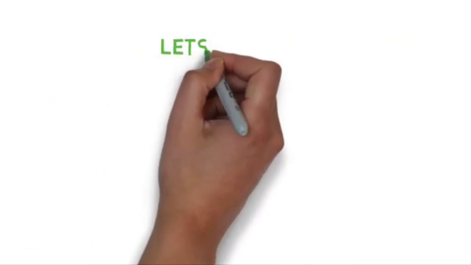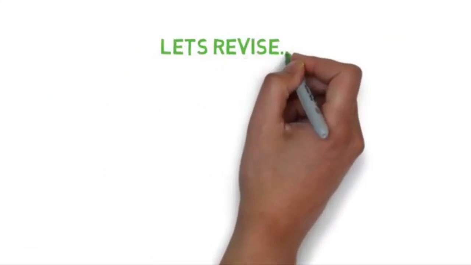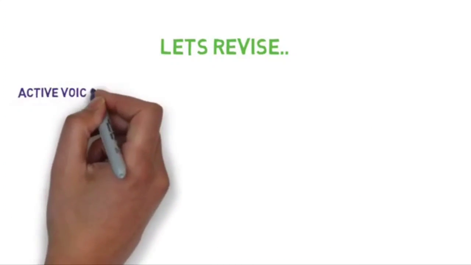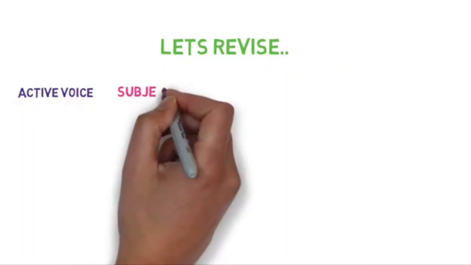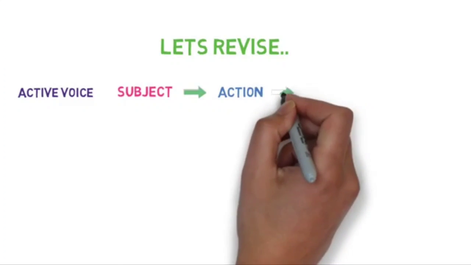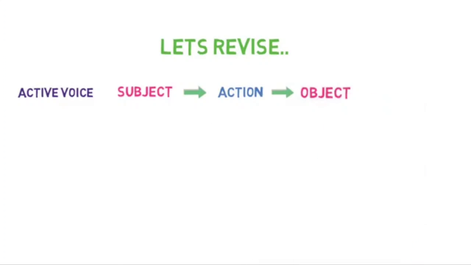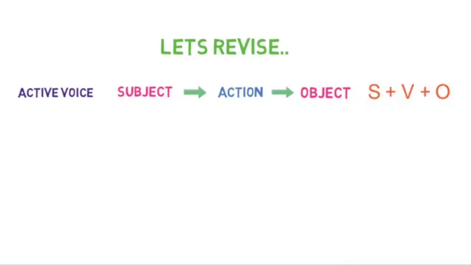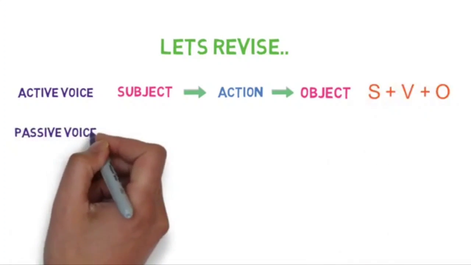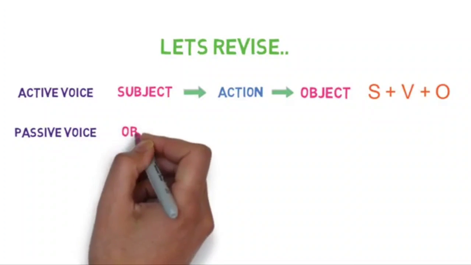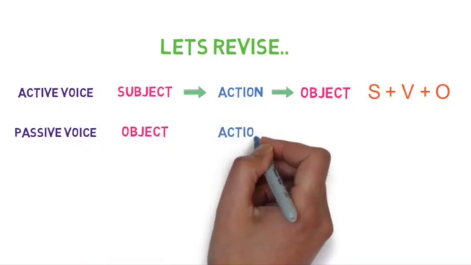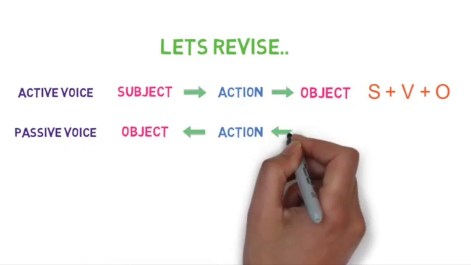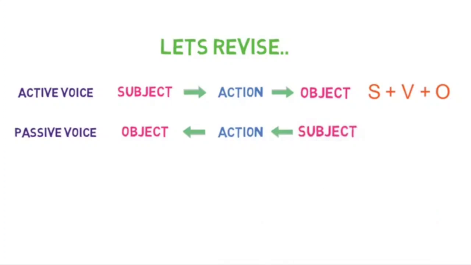Children, let's quickly revise what we have discussed now. What is meant by active voice? Here active voice means the subject performs the action and the object receives the action. The sentence structure of active voice is subject plus verb plus object. Next we discussed passive voice. Here more importance is given to the object and the action that has been performed rather than who has performed the action.